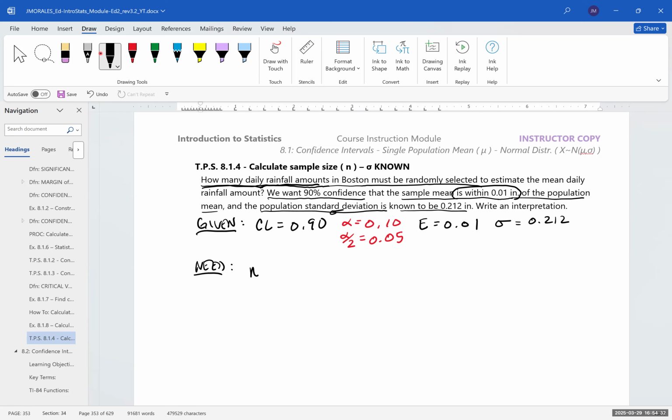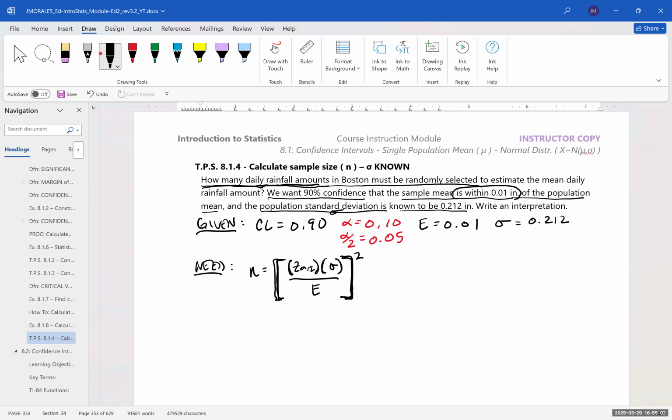So we've got n is equal to z alpha over 2 times sigma divided by e, and all of that is squared. Now, I'm using brackets here because typically if I use parentheses, then I'll use brackets to denote a different level of grouping. But you have to be careful.